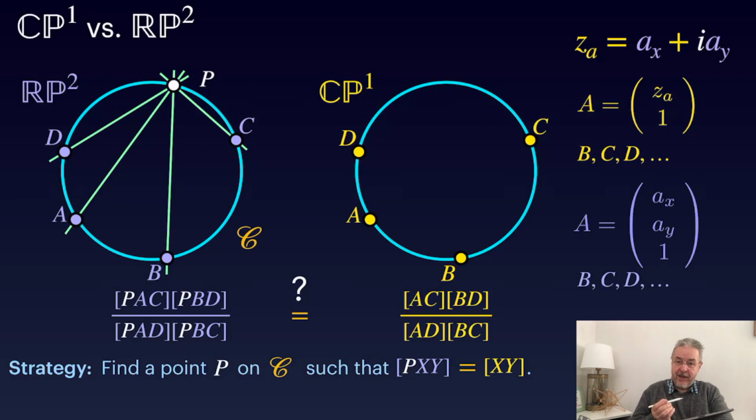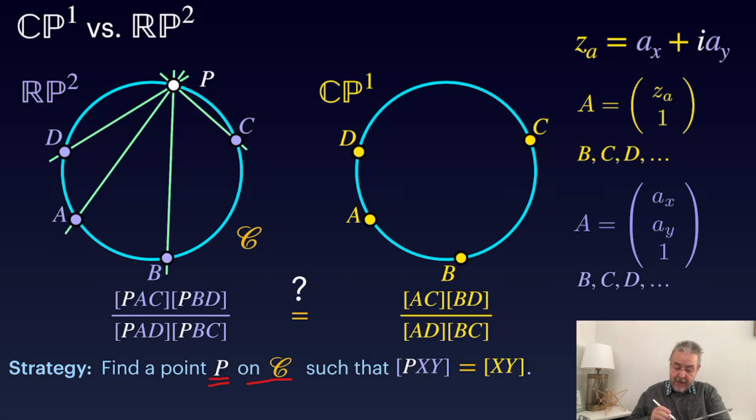And a good strategy would be if we find a specific point P of which we know that it is on our circle, so it should be on C, somewhere on this boundary of the circle, such that those expressions that we have in this cross ratio and in this cross ratio agree.